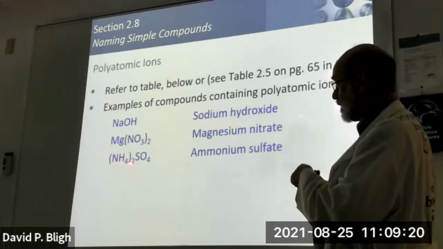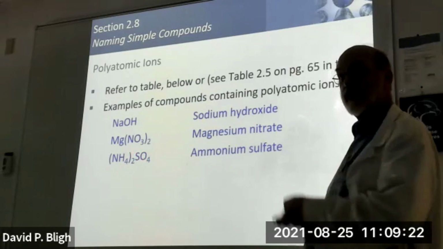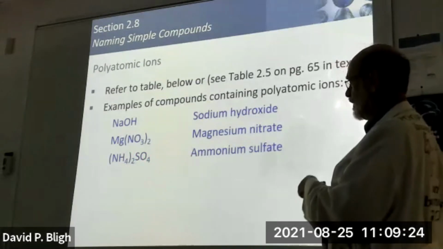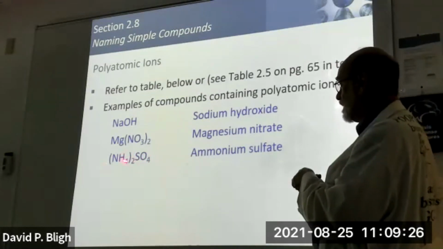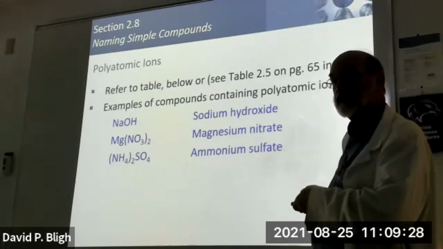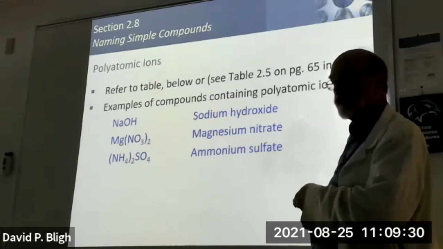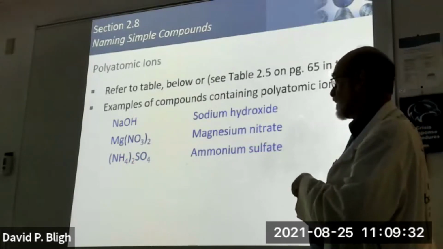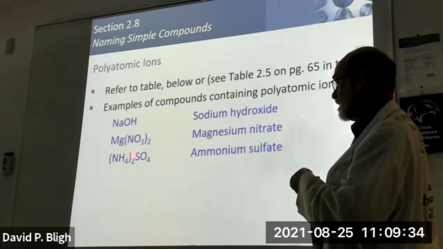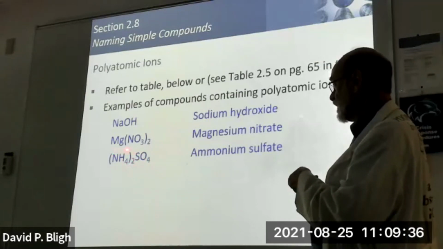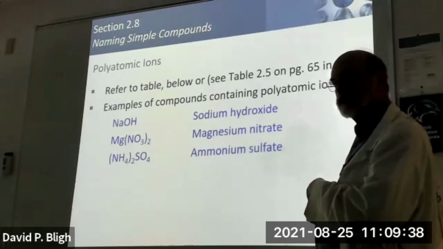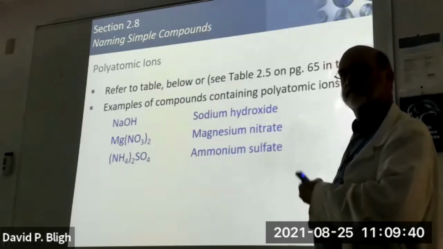So here we have a polyatomic bonded with another polyatomic. How do we name that? Well, ammonium sulfate. And you don't have to say what the charge is. That would be redundant because the charge is always +1. So 2 of these match 1 of those with a 2- charge and you're neutral.